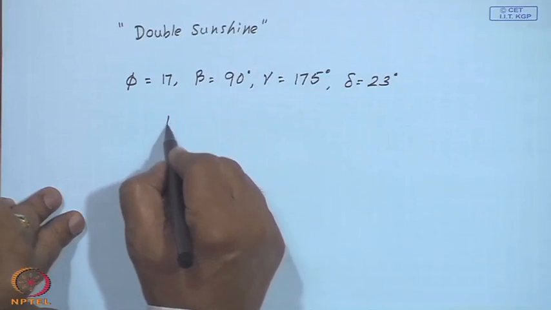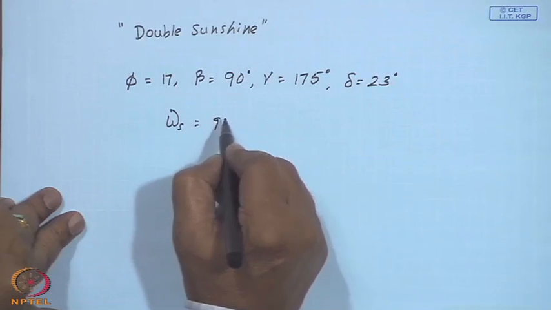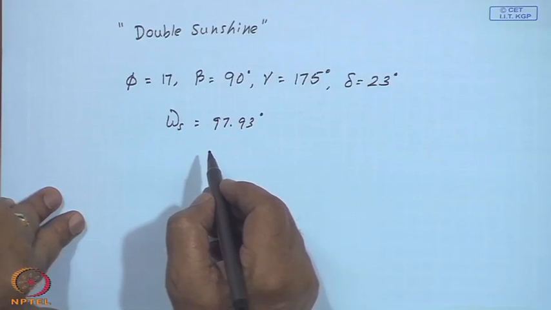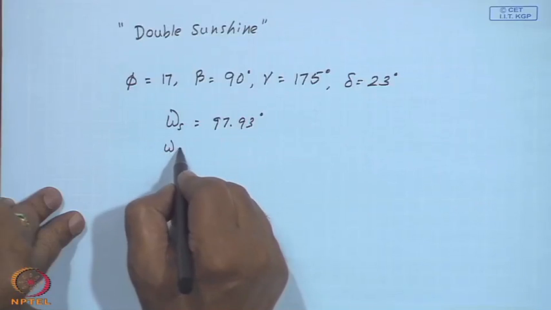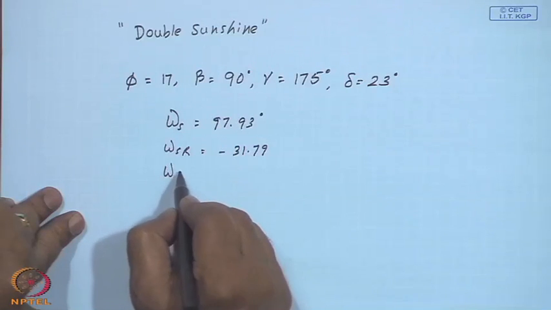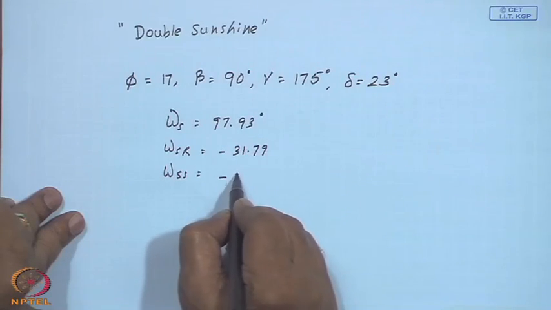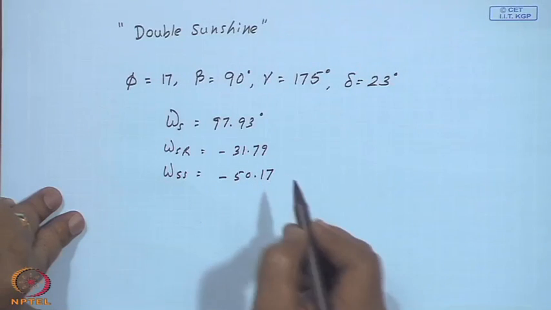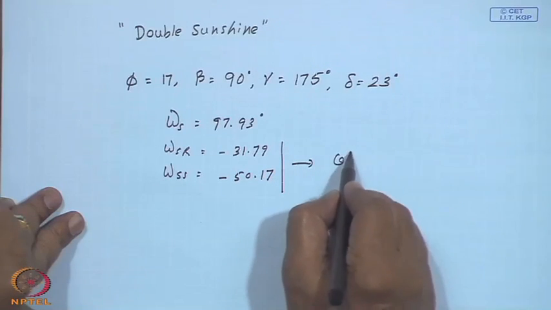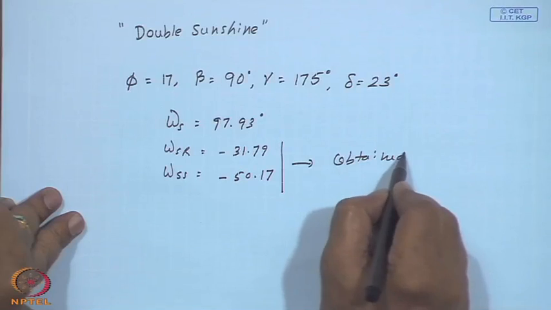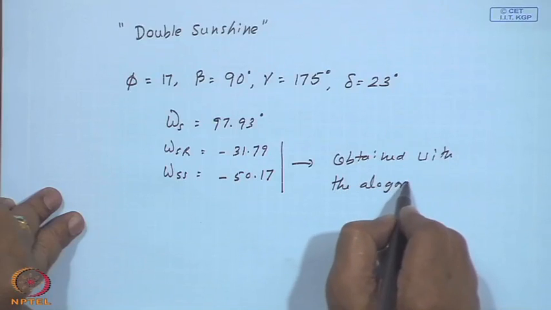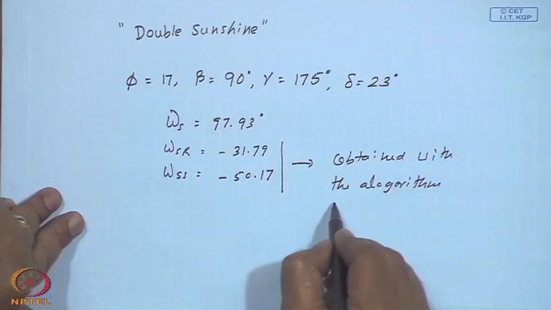So, you have a sunset hour angle of 97.93 degrees, and again omega SR is minus 31.79 and omega SS is minus 50.17. Now, what is interesting is these are the numbers obtained with the algorithm which we had discussed.